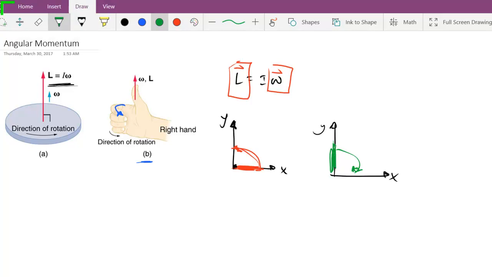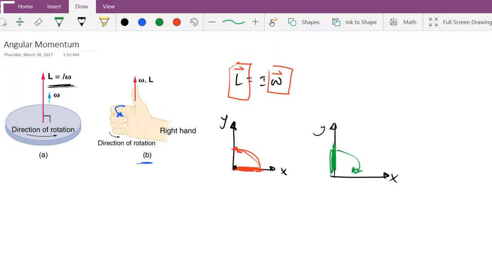So this is what we call the right hand rule, and this really defines what is positive rotation and what is negative rotation. It's really the direction your thumb sticks when you curl that direction, because this stuff automatically becomes three-dimensional.